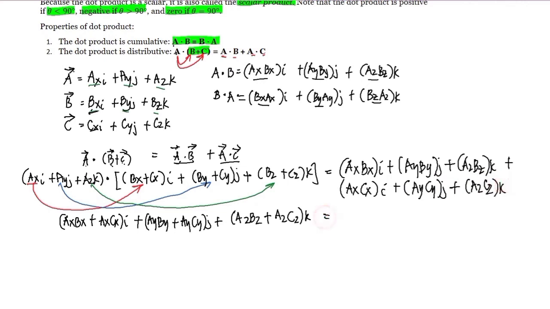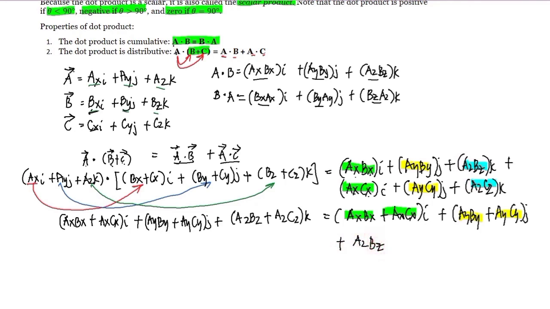Then if we sum them up, we have AXBX plus AXCXi, and for the j we have AYBY plus AYCYj, and for the k, AZBZ plus AZCZk. Here for i, these are the terms we combined, for j these two, and for k these two.